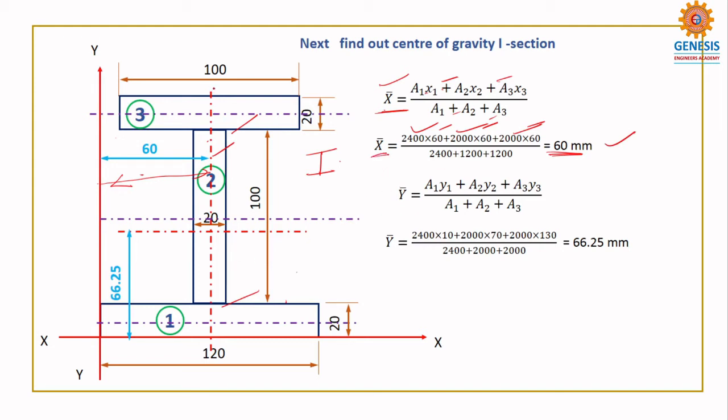I can say this I section is symmetric about the y axis, or centroidal axis. The line is passing through the centroid, so it is also called the centroidal axis.